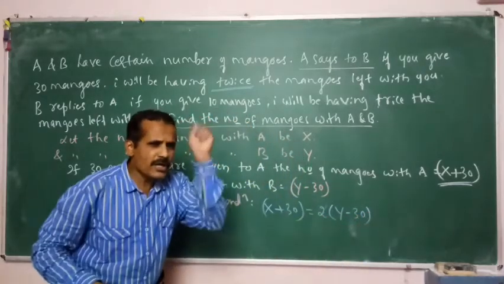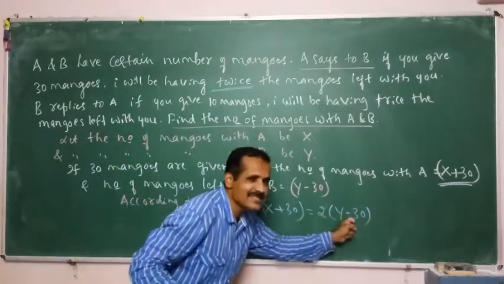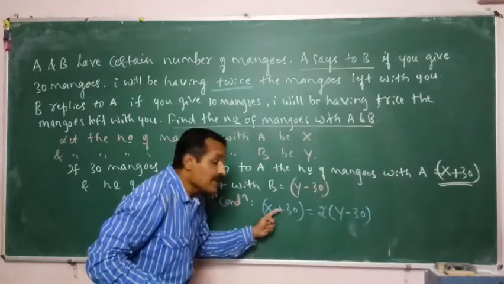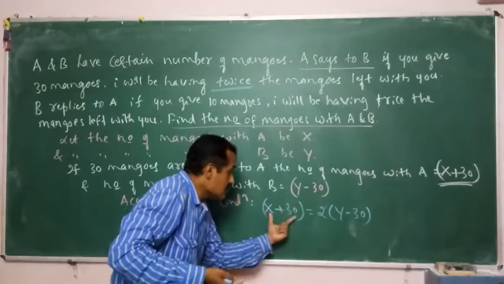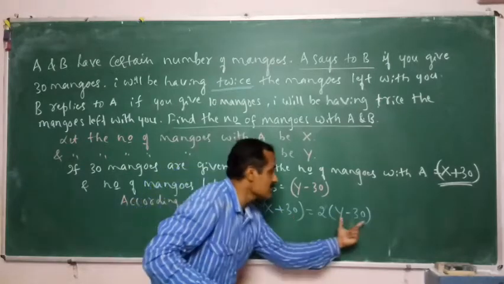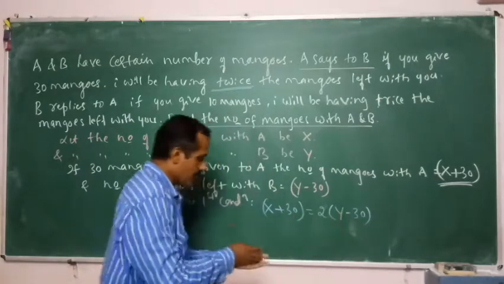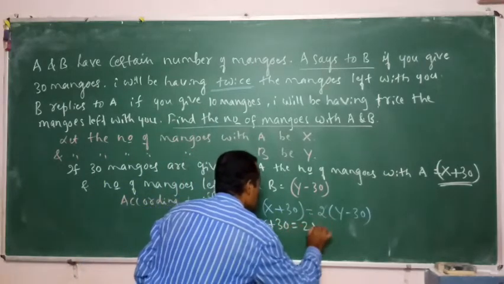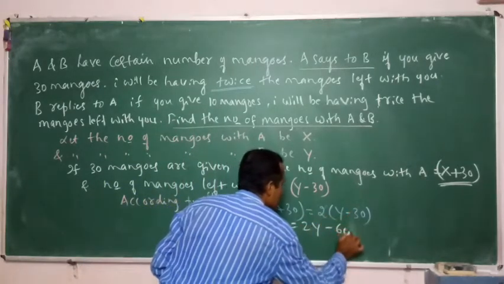I am stressing you again and again: where there is less, there you have to multiply. He says, I will be having double. This is already double, so multiply here by 2. Open the bracket. x plus 30 is equals to 2y minus 60.